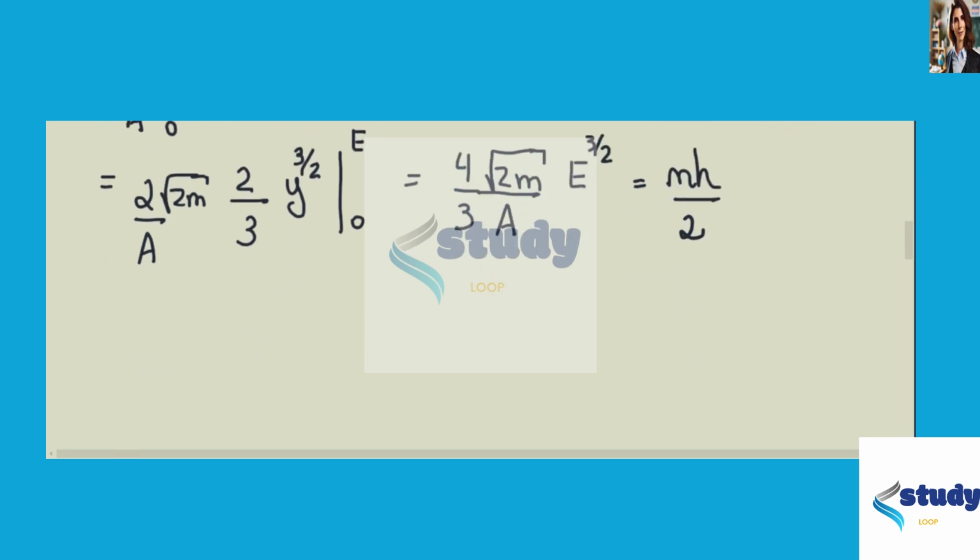So now we have to isolate E. Okay, so I'm going to write this as the square root of 2m times E cubed to the 1/2 is equal to 3Anh divided by 8.